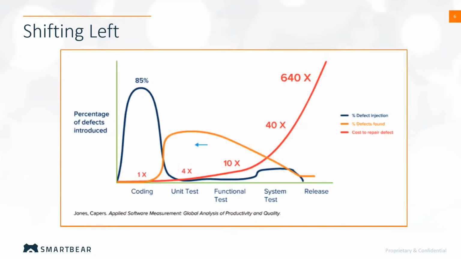So as we shift our coding reviews to the left, we start to see that the defects found begin to slide to the left as well, out of system test, out of functional test, and more towards the coding realm.